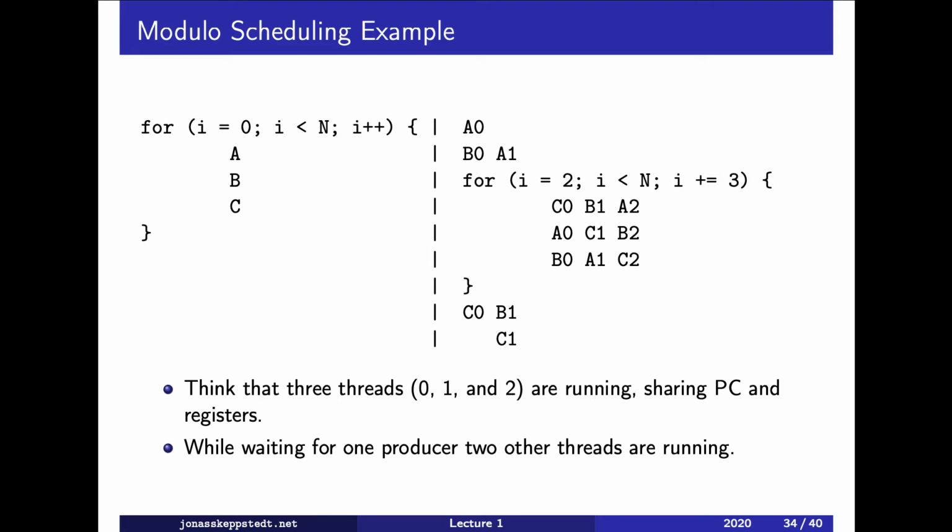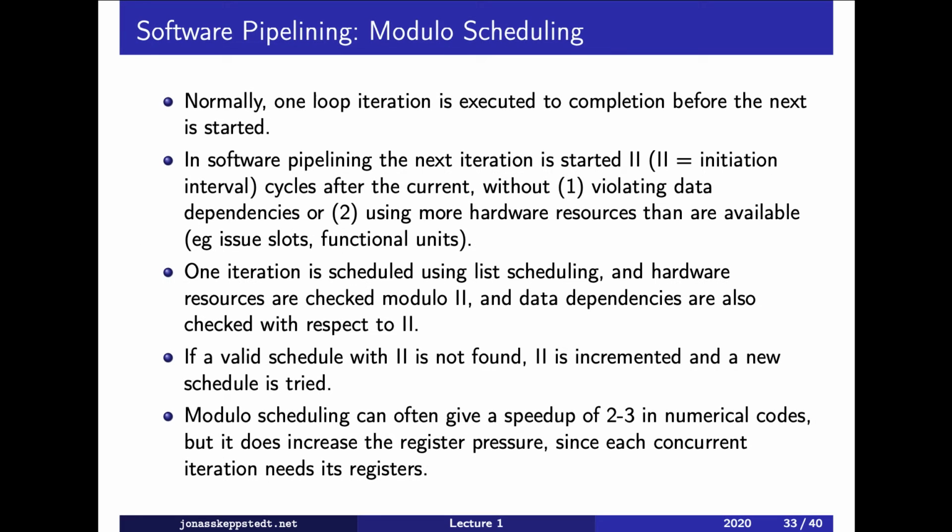So what we want to do is to use list scheduling and try to start the next iteration as early as possible without violating hardware limitations and data dependence limitations. This was invented in the late 1980s by a PhD student from Carnegie Mellon University, Monica Lam.